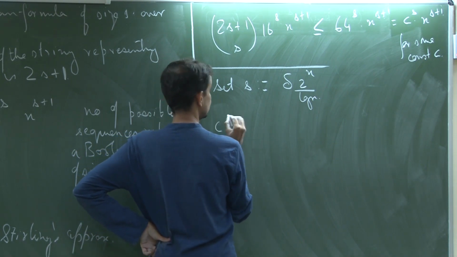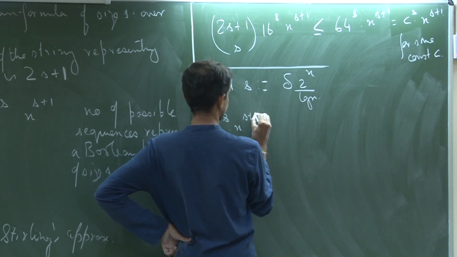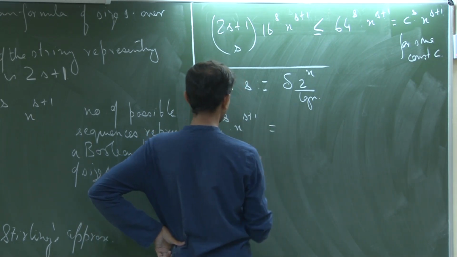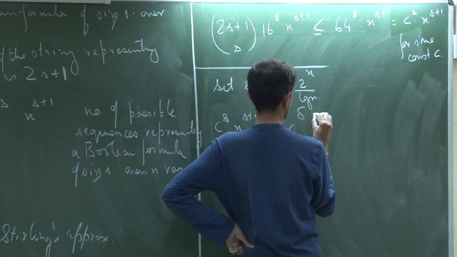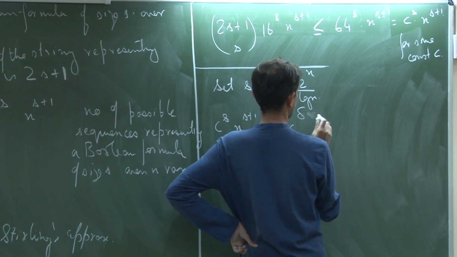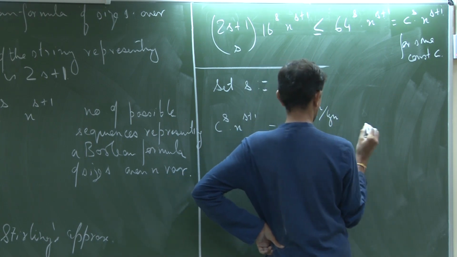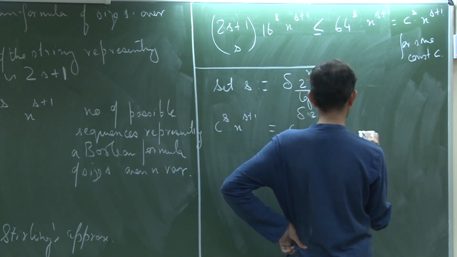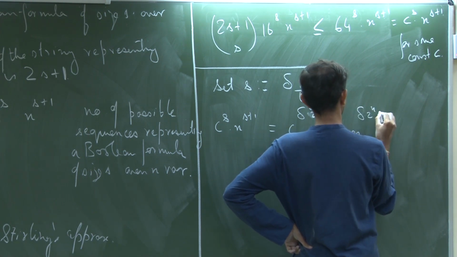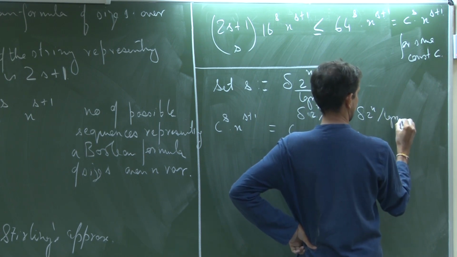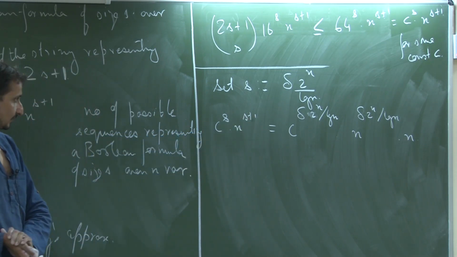Therefore, c to the power s times n to the power s plus 1 is equal to c to the power delta 2 to the power n by log n, times n to the power delta 2 to the power n by log n, times n. Okay, so that extra n is coming because of the plus 1 over here.